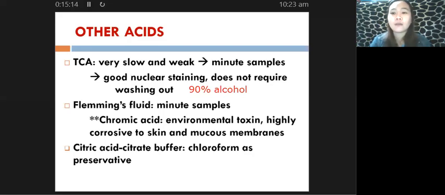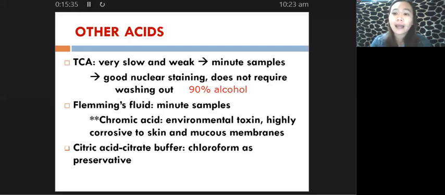So all of them can be utilized as fixatives and decalcifying agents. The problem with Fleming's fluid is that it contains chromic acid, which is considered to be both an environmental hazard and a health hazard.